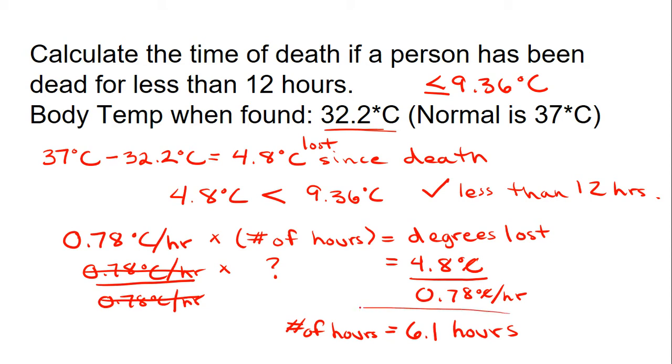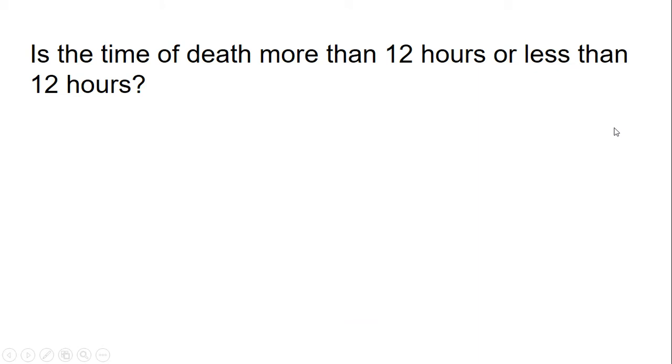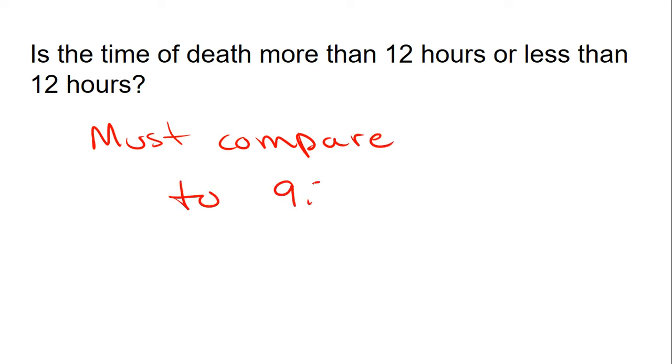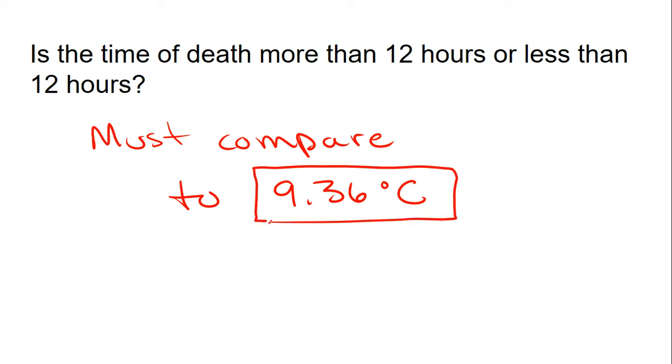So this was our answer right here. Again, knowing whether the time of death is more than 12 hours or less than 12 hours, we must compare to that 9.36 degrees Celsius, because this is how much is lost after 12 hours.